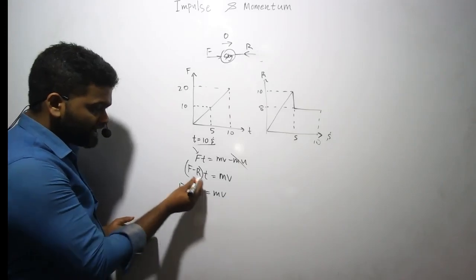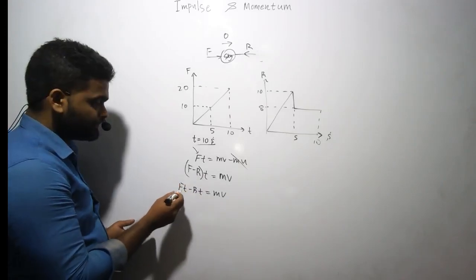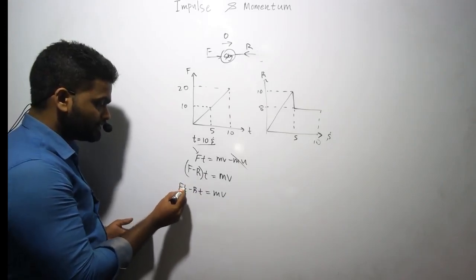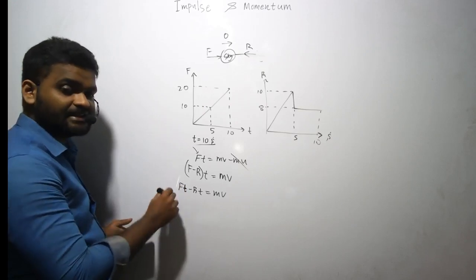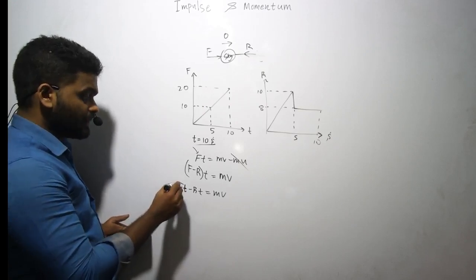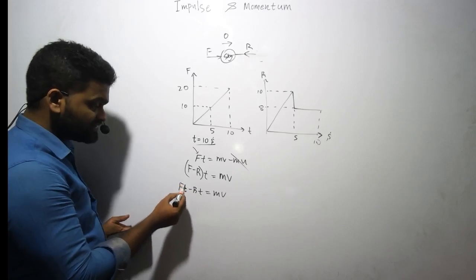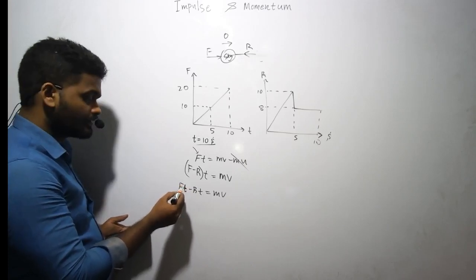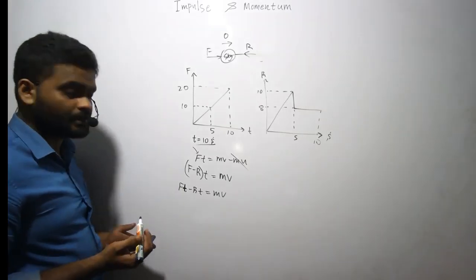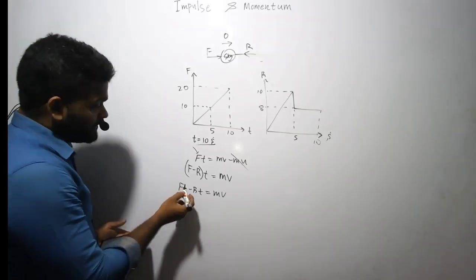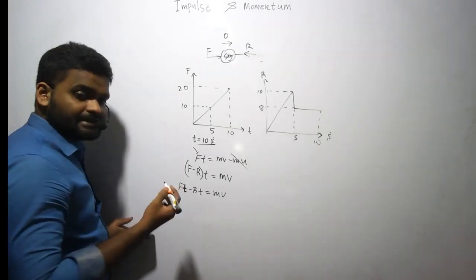Even though you write it like this, there's a small error here. Actually, you have to integrate this F by t. But integration is not in the syllabus, right? So we'll try to understand this in some way.